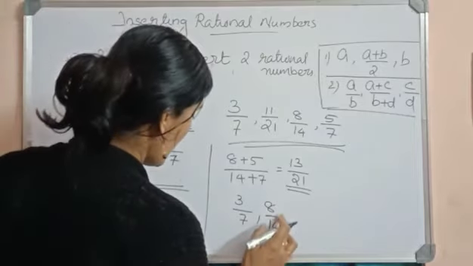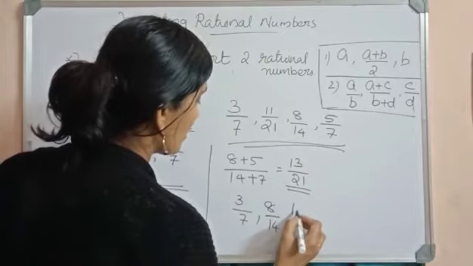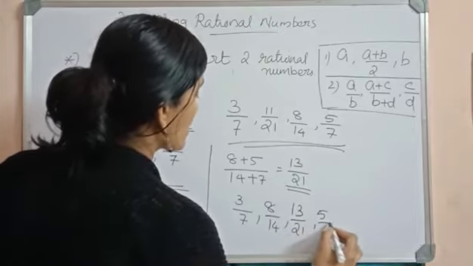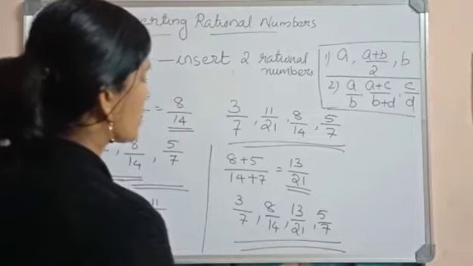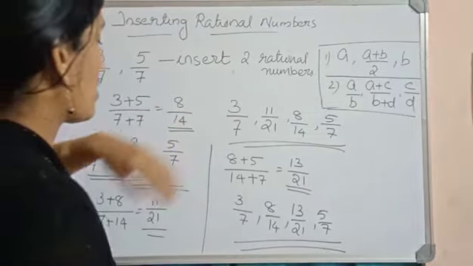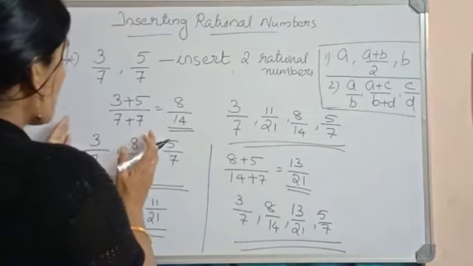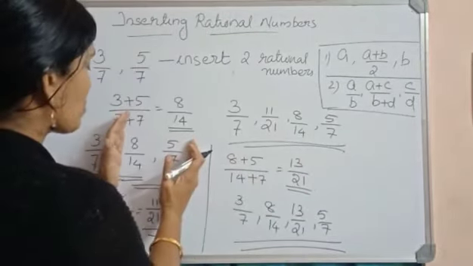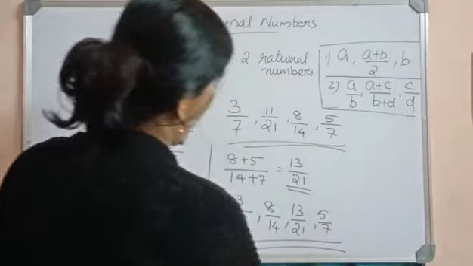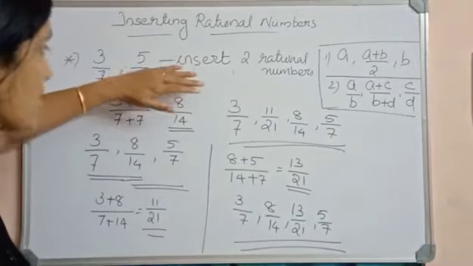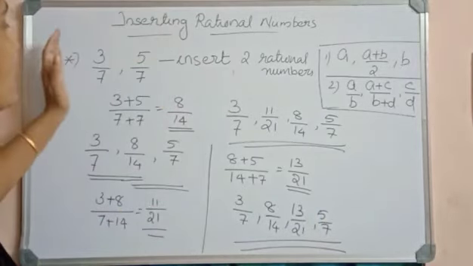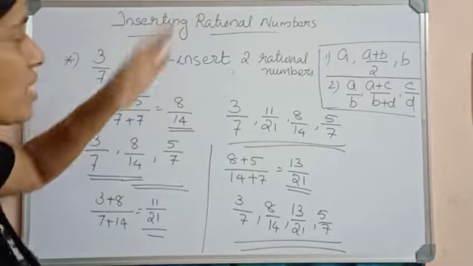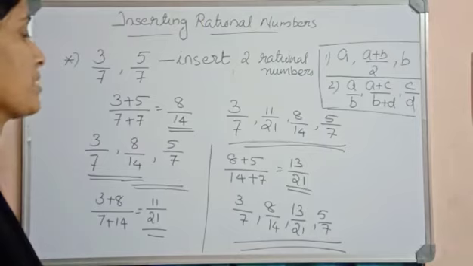So after 8 by 14, you need to write 13 by 21, 5 by 7. These are the required rational numbers. If you are considering the first two numbers, you will get this as your answer. If you are considering the last two numbers here, you get this as your answer. This is how we can insert rational numbers between any two rational numbers. You can insert n number of rational numbers in between any two rational numbers.